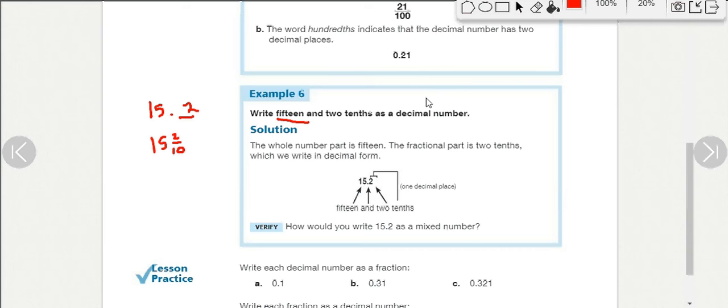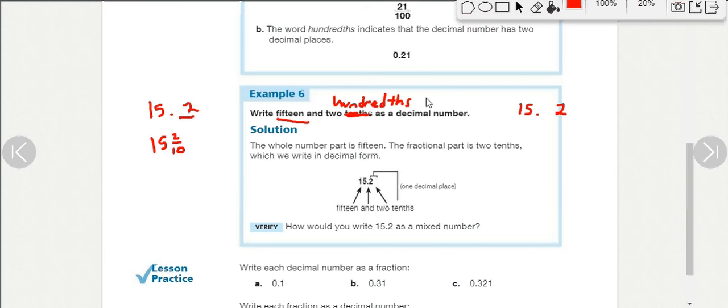What if it said 15 and 2 hundredths? Okay, that throws a little curveball. Any idea why? Well, let's try it. 15 and they said a 2.